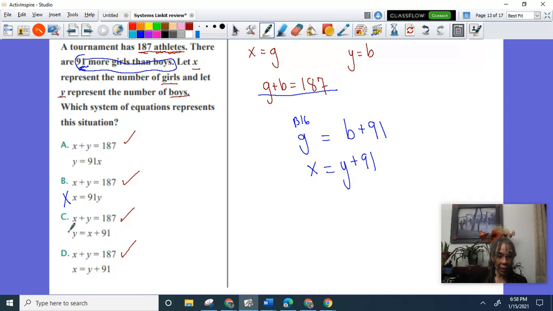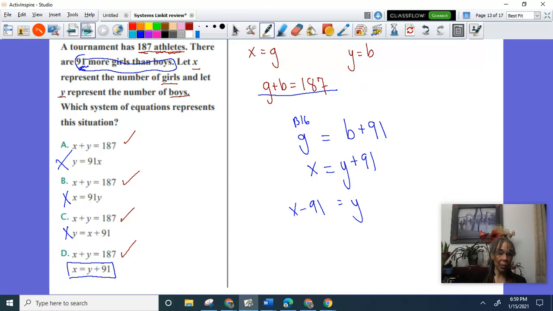Here it is, X equals Y plus 91. I was afraid we might have had to subtract 91 from both sides and write Y equals X minus 91, but we didn't have to do that. All right, now if you totally understand this, you're done with word problems.